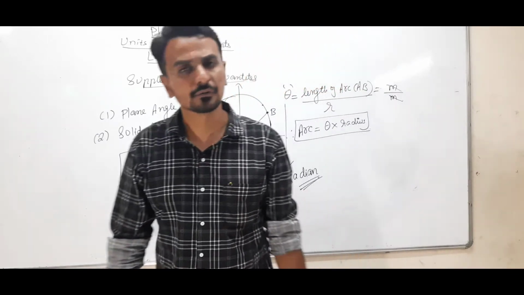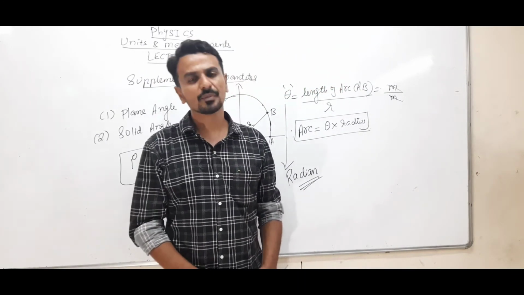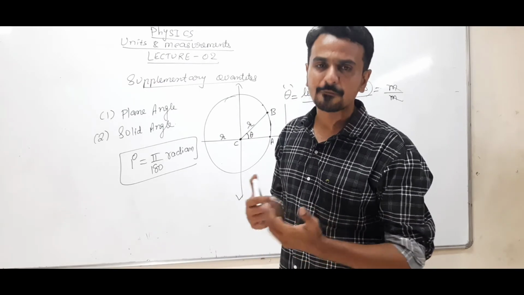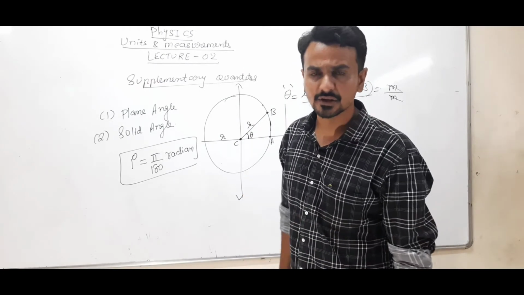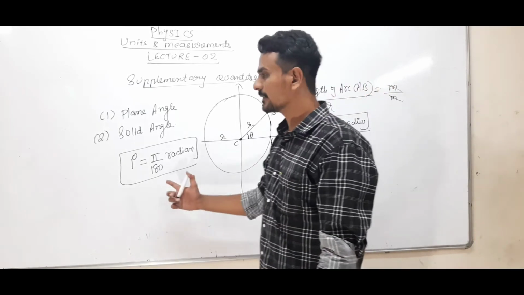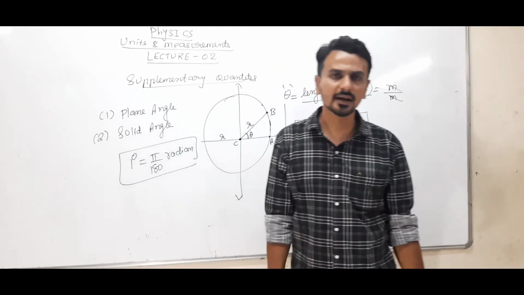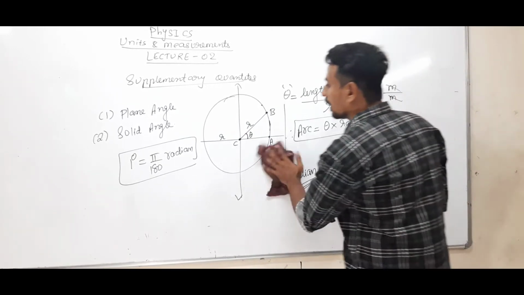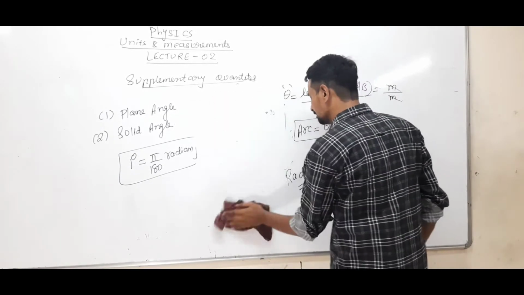From now onwards angle theta will always be measured in radian, a very frequently used unit. If angle is given in degree, convert it into radian with the help of pi by 180.